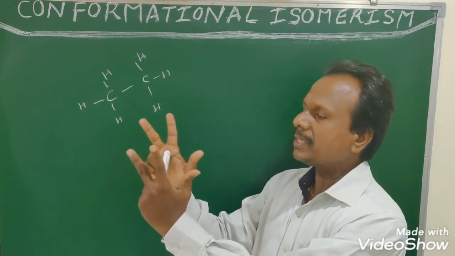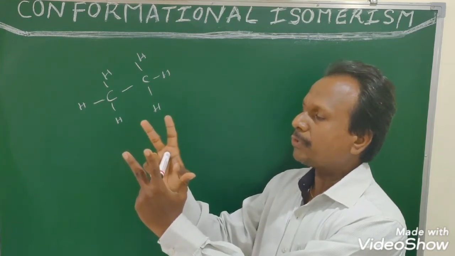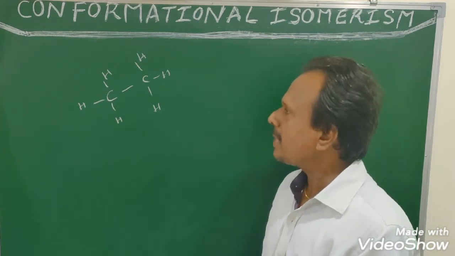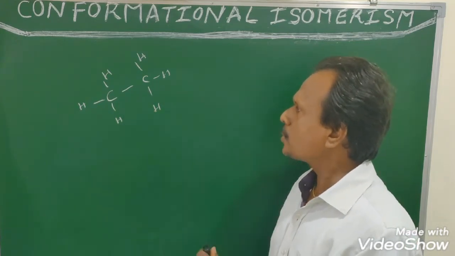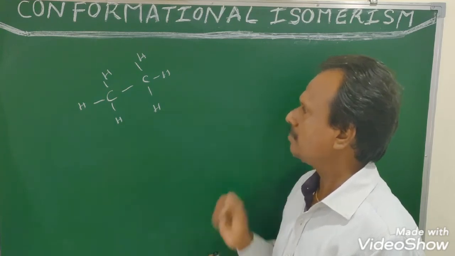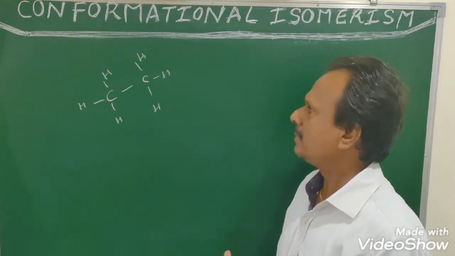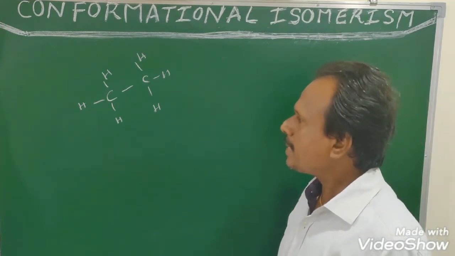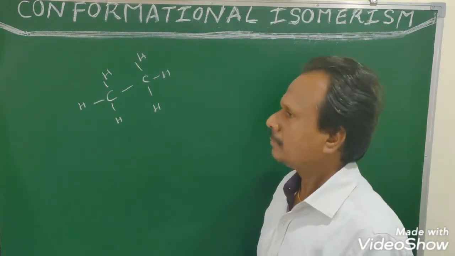To attain stability, due to free rotation of the sigma bond, ethane exists in three main stereoisomers, reversible stereoisomerization. They are called conformations. Generally, conformation isomers are represented in Newman projection.